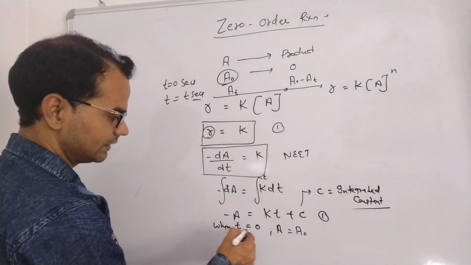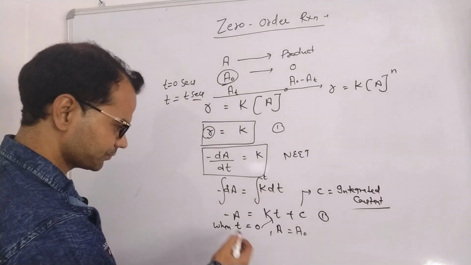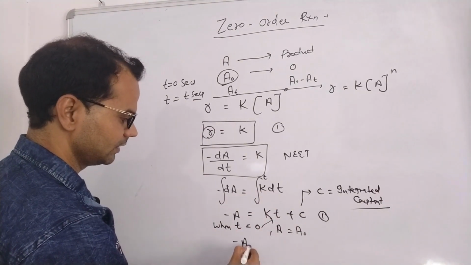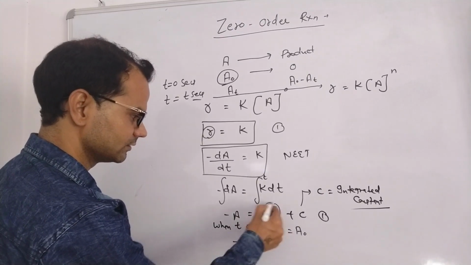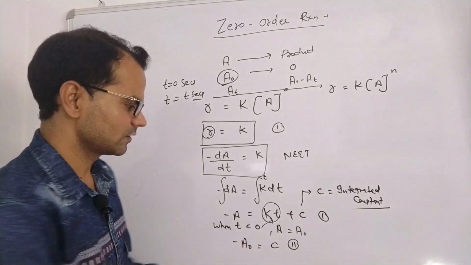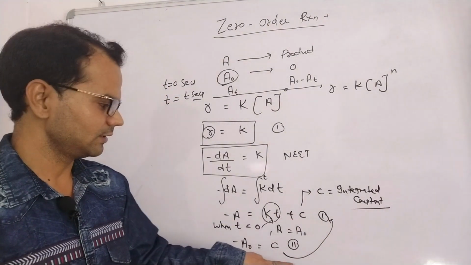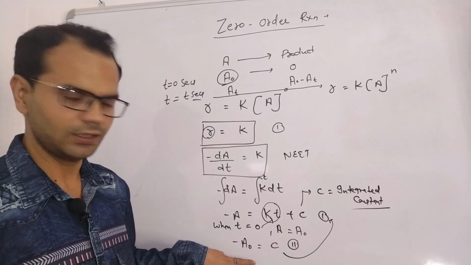Put the value of t in first equation. So equation will be minus A0 equal to, this value is 0, equal to C. C equal to minus A0. Put the value of C in the first equation.